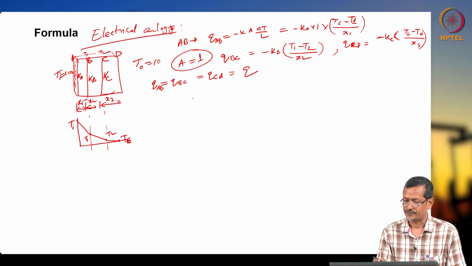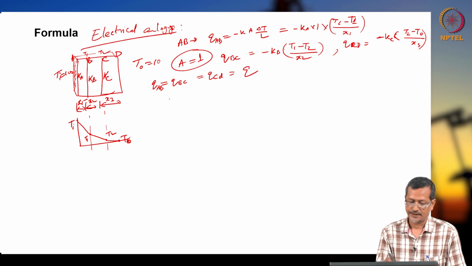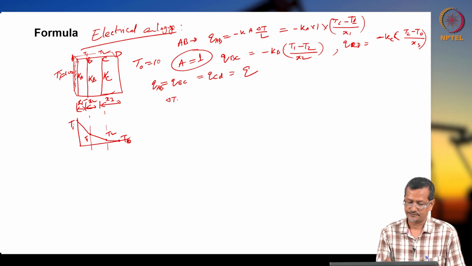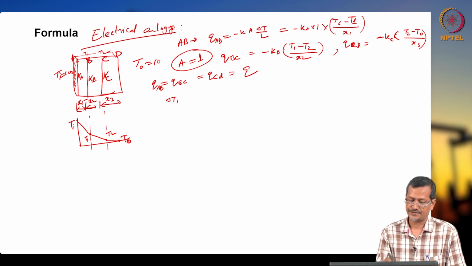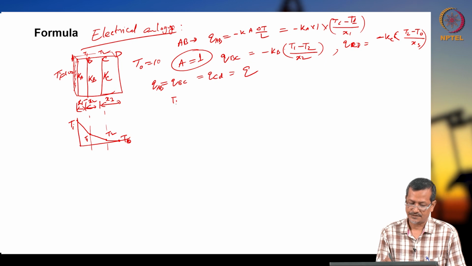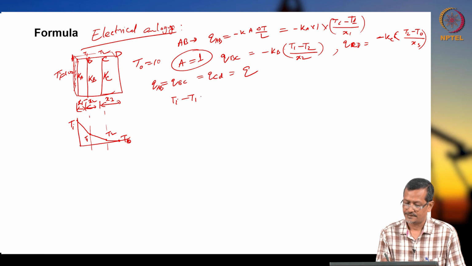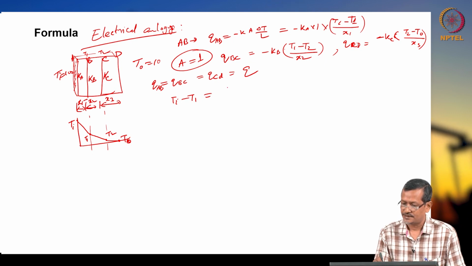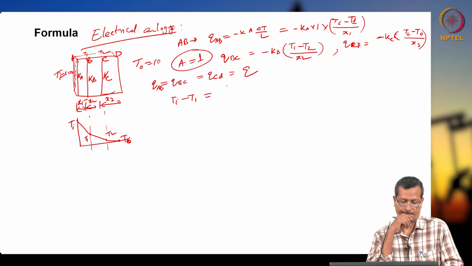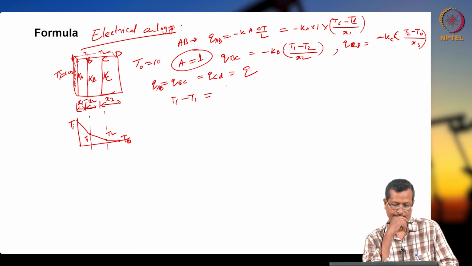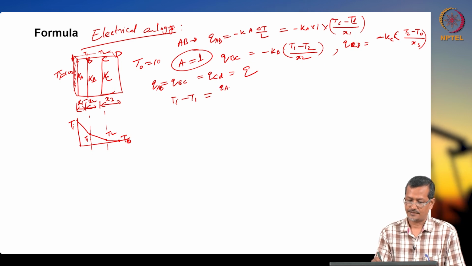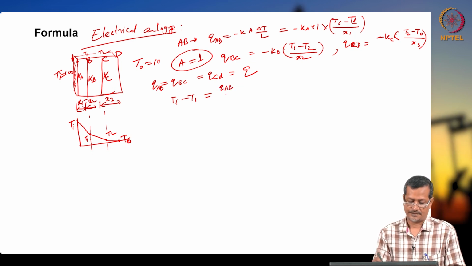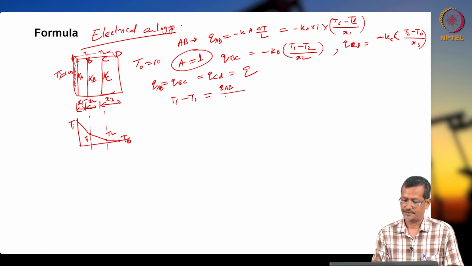Now delta T1, the A to B surface temperature difference, Ti minus T1, equals Q times x1 by Ka.